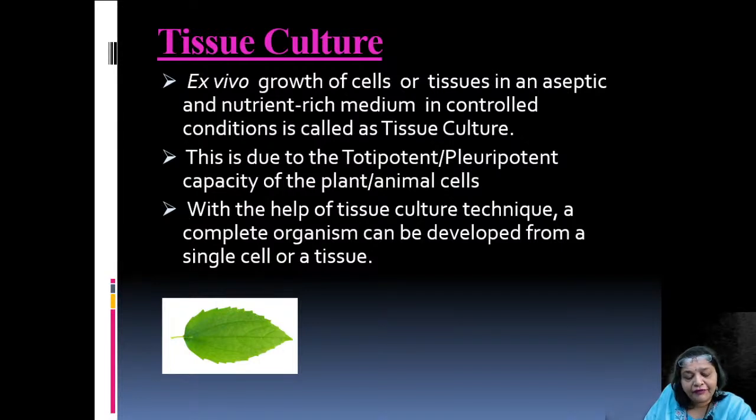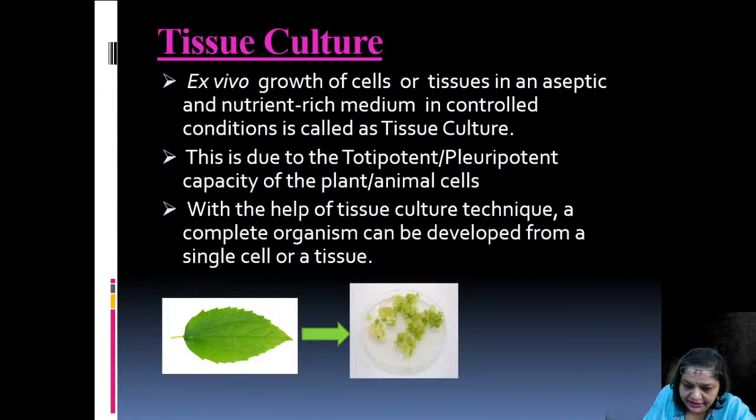So you can see here, if a leaf is taken, a vegetative plant part, a small part of this leaf can be removed and used as an explant, and grown in controlled conditions. Small explants of this leaf can be placed in the nutrient medium, the agar medium, kept in aseptic and controlled conditions in the lab, providing the nutrient-rich medium for growth of these cells.